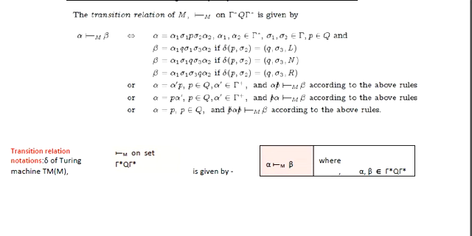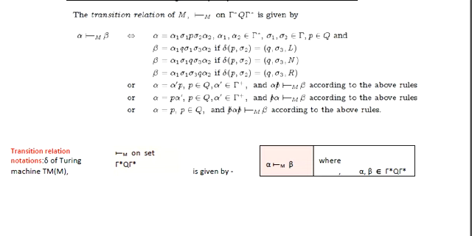So alpha is my input, where I have alpha 1, sigma 1, p and sigma 2, and alpha 2. Alpha 1 and alpha 2 belong to the working alphabet, sigma 1 and sigma 2 are single symbols of the working alphabet, and p belongs to a single state of Q.